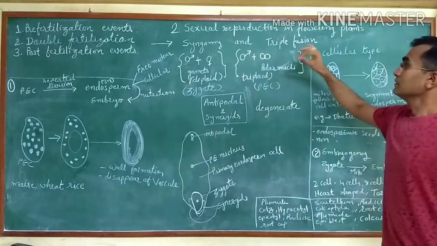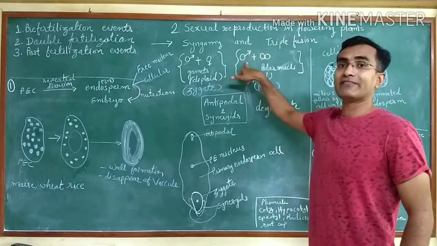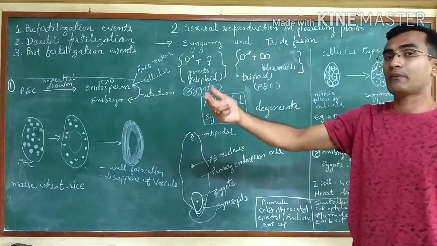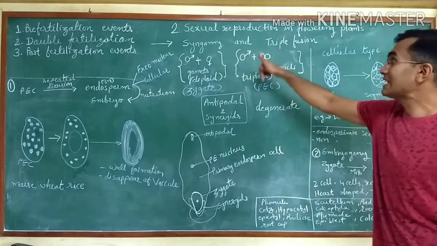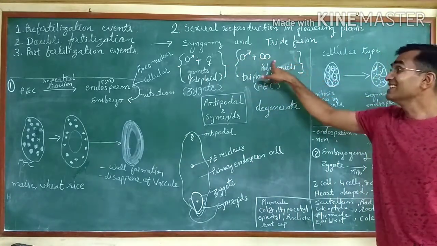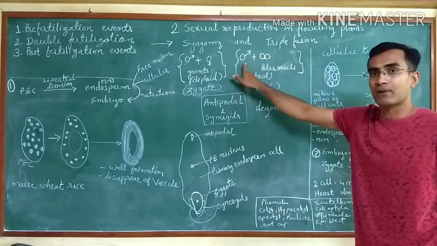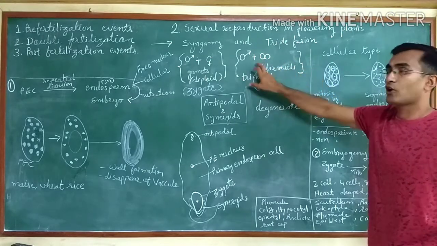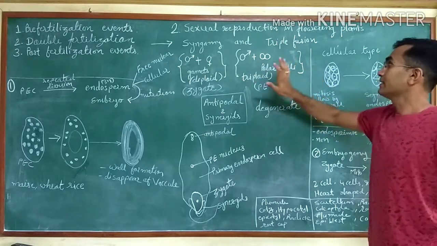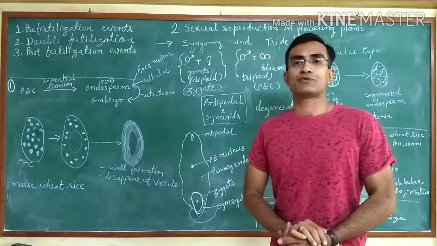In the triple fusion, the second male gamete which enters through the filiform apparatus into the synergid cell will fuse with the polar nuclei. This polar nuclei is 2N, that is diploid, and this one is haploid. This haploid plus diploid will form the triploid formation, that is 3N. This formation is called the primary endospermic cell.